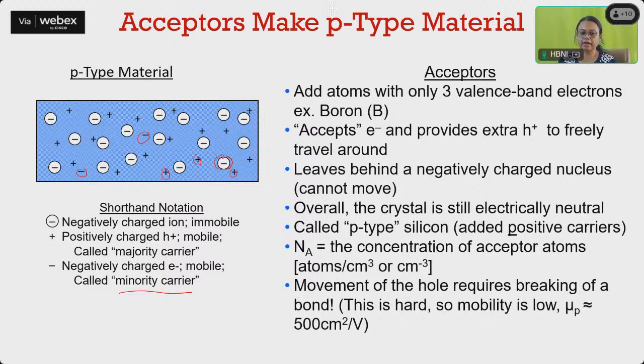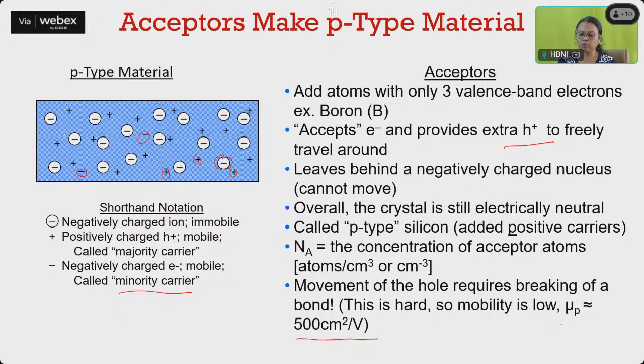When we add an atom with only 3 valence electrons, the acceptor accepts an electron and provides an extra hole to freely travel around. It leaves behind a negatively charged nucleus, and overall the crystal is still electrically neutral.